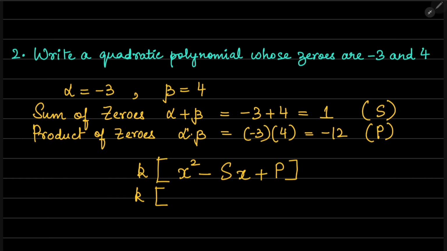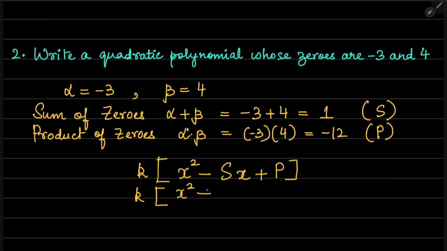It can be any value, because you can have many quadratic polynomials with the zeros as minus 3 and 4 respectively. It is never the case that you will have a finite number of polynomials with the given zeros, that is minus 3 and 4. There can be infinite number of quadratic polynomials that will have the zeros as minus 3 and 4. That is why you are making a constant called k, right?